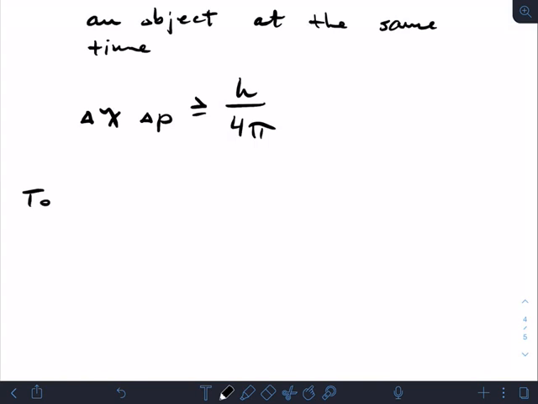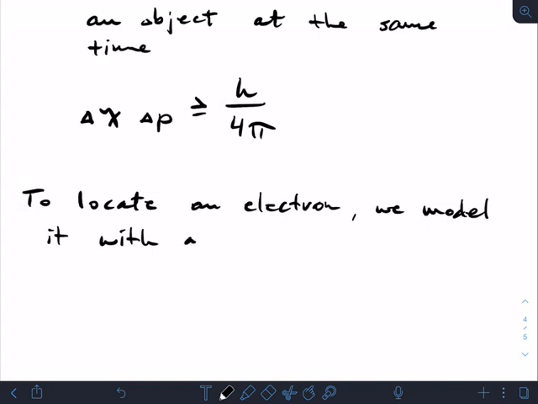Okay, so what they did right around the time of de Broglie and Max Planck and all those guys was they started to try to figure out how they could do this mathematically. Okay, so to locate an electron, they already figured out that things were behaving like waves, so we model it with a standing wave.